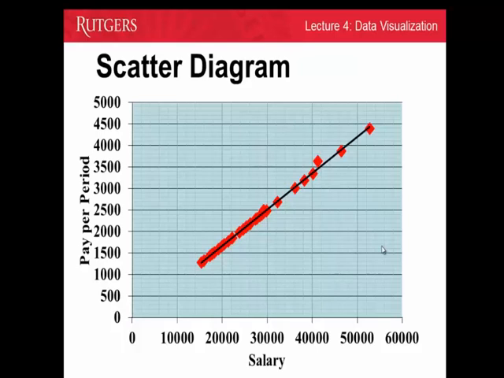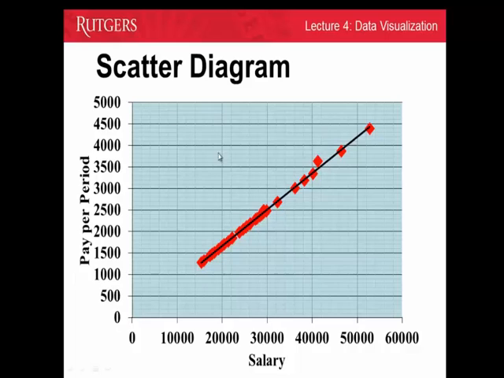Then the next graph is the scatter plot. A scatter plot is used to compare two continuous variables. So here you can see that the x-axis is one continuous variable. Here in the demonstration, we use the salary column. The y-axis is another continuous variable, which in this demonstration is pay per period.